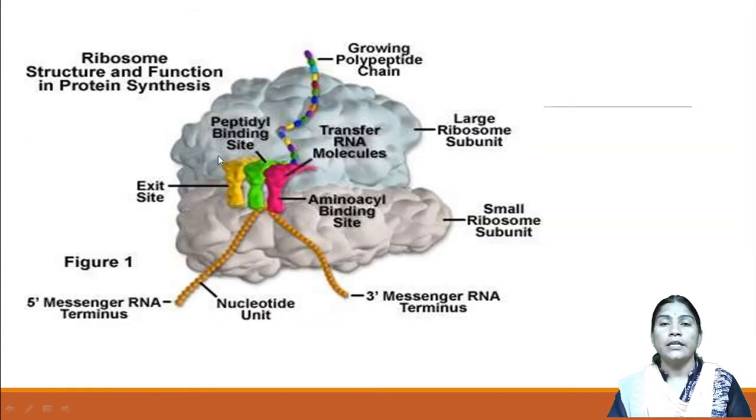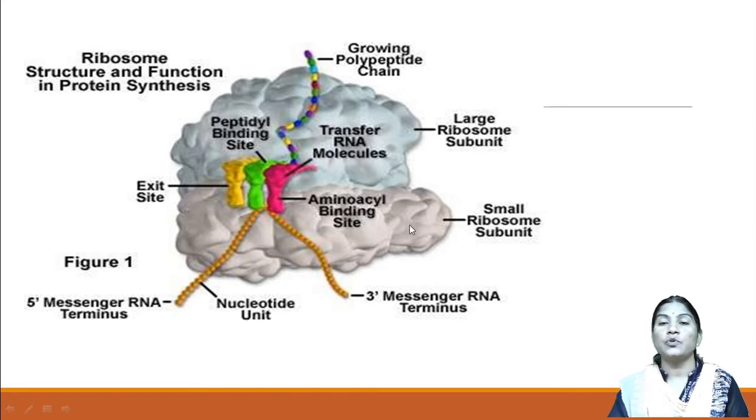This diagram shows the structure of the ribosome, in which protein synthesis is carried on. There are different sites: the peptide binding site, the exit site, and the transfer RNA molecules. This shows the growing polypeptide chain.